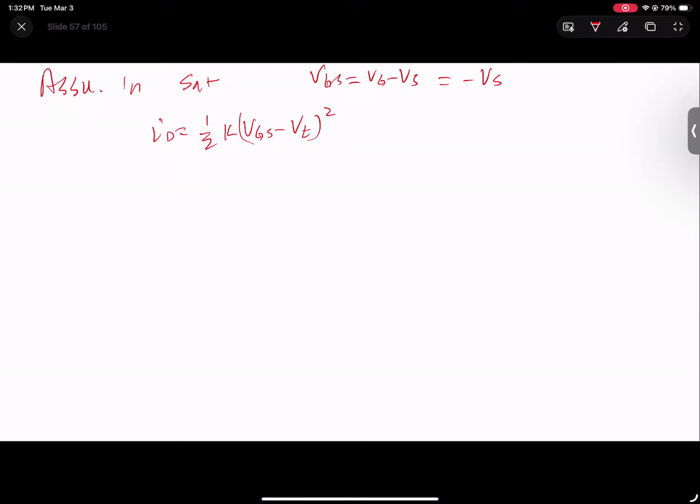I tell you, VGS has to be larger than VT, otherwise it won't conduct current. So don't worry about it. You'll find VS is negative, and that's okay.